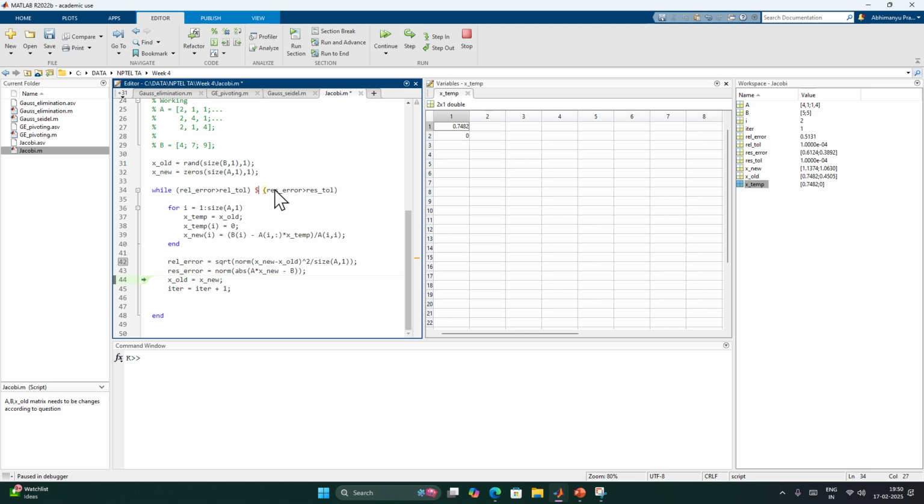Now I think this should work. My residual error was a 2 cross 1 vector, and my residual tolerance was a single element. My residual error is 1.4933.